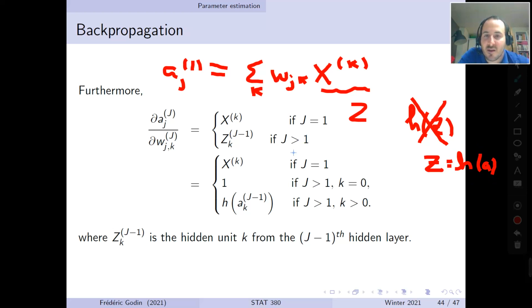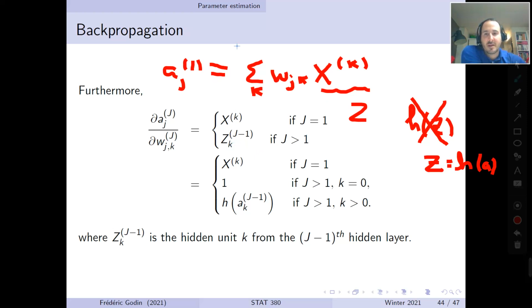But for this reason, if you refer back to how the jth layer activations are defined, the derivative of this guy with respect to parameter wjk of layer J is equal to the hidden unit zk of the previous layer.